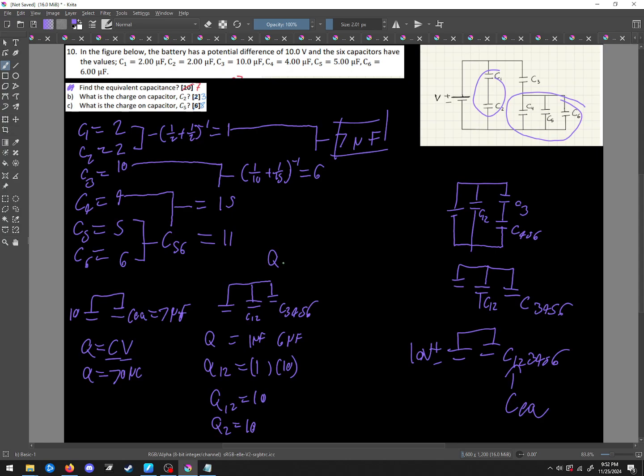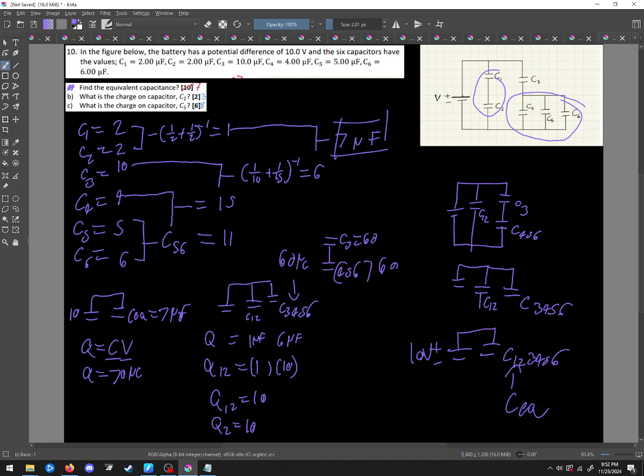So, similarly, we can find Q in 3,4,5,6. It's going to be equal to 6 times 10, so that's 60 microcoulombs there. And if that's 60 microcoulombs across 3,4,5,6, that means C3 has a charge of 60, and then C4,5,6 have a charge of 60.